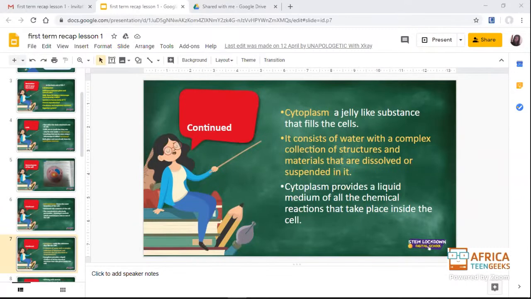So where does protein synthesis occur, or in which organelles? Right, so I typed it in, so I hope you guys can see that.